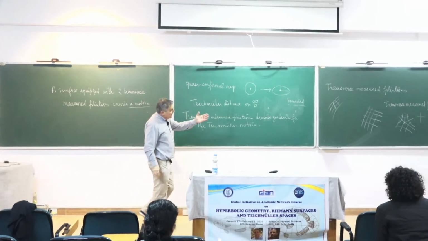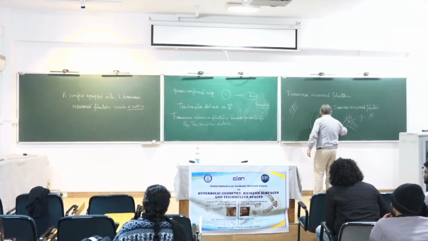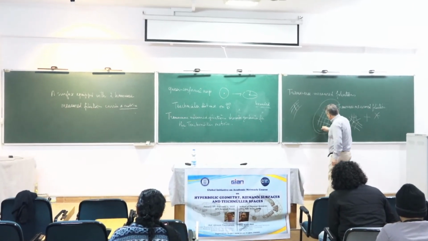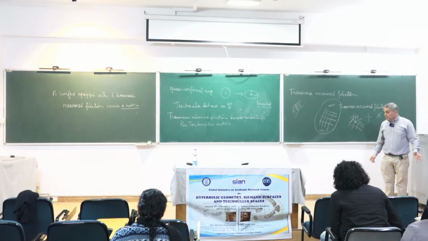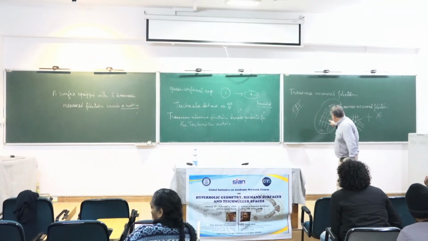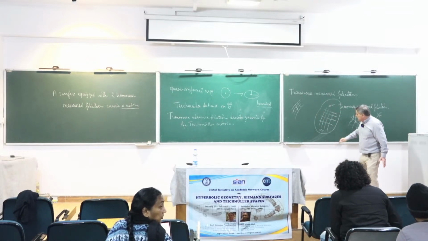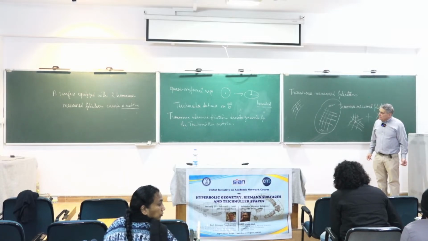You see, the surface is filled with this measured foliation, and it is filled also with the other measured foliation, which is transverse. Now, I say that this surface is equipped with a metric.